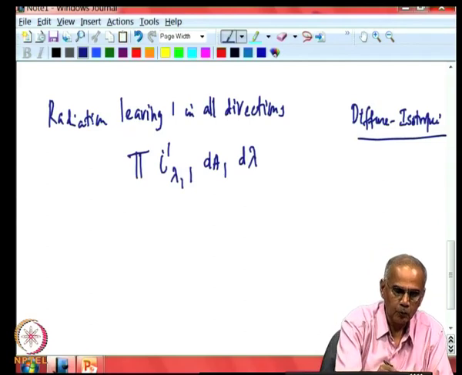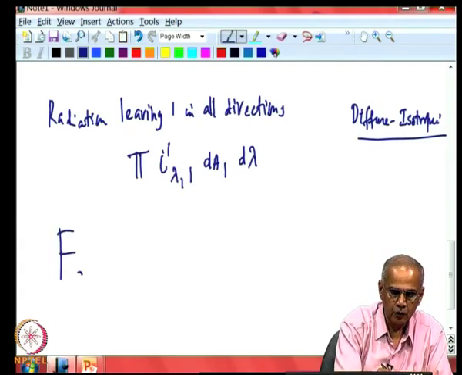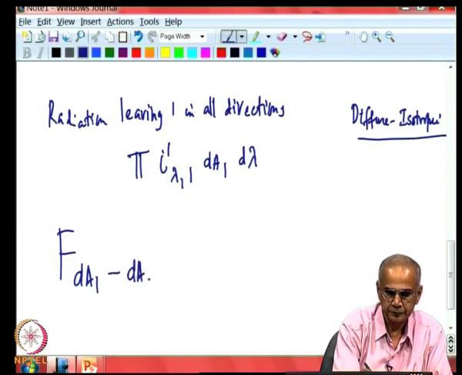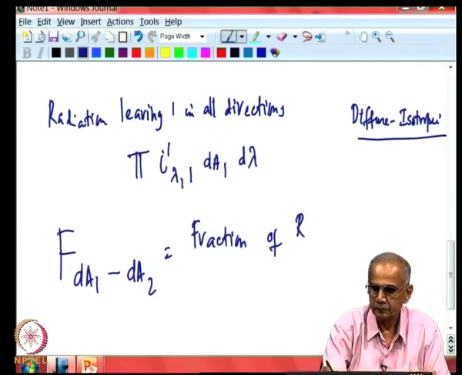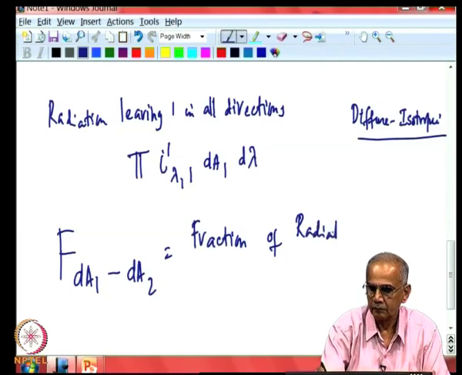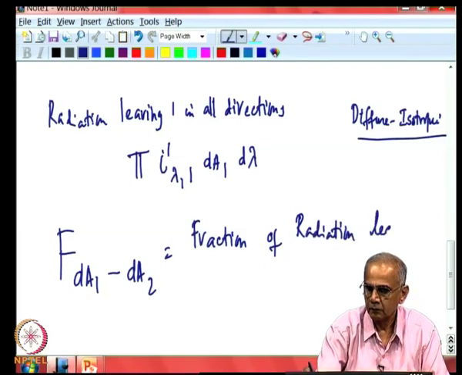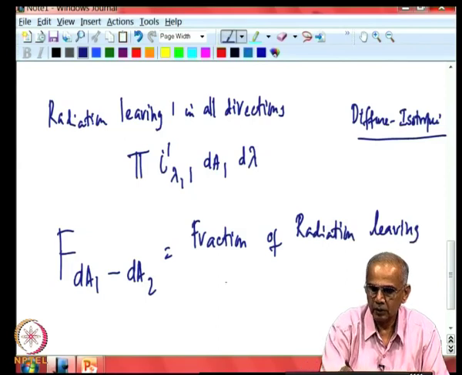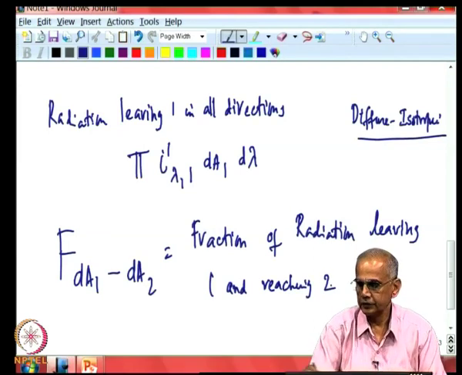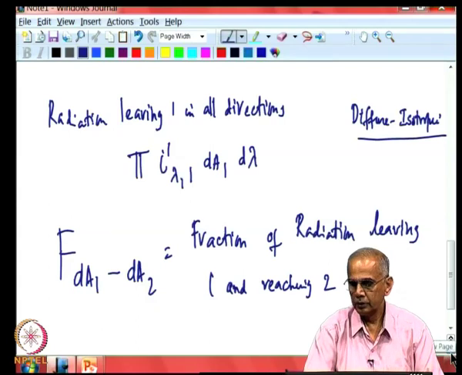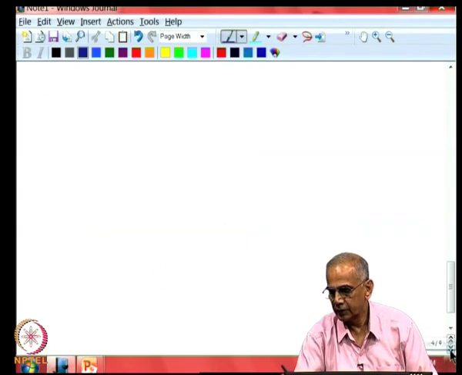Now, we ask what is the fraction of radiation leaving 1 and reaching 2? That is the definition of F dA 1 dA 2. So, now we will write down what the expression says.